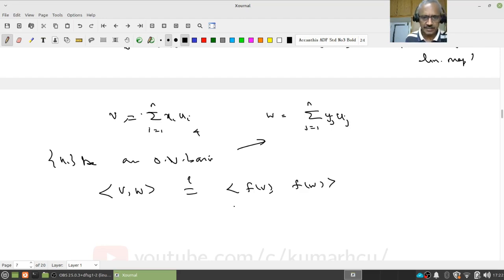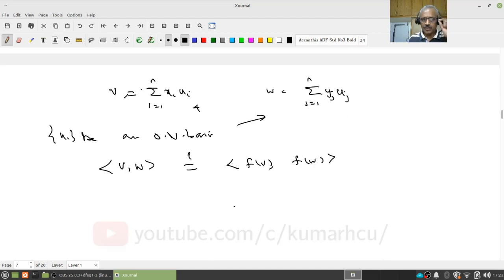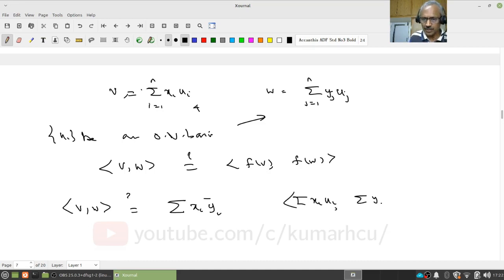Is it clear? But if I had followed my lectures, you know what inner product v, w is? What is inner product v, w? This is nothing other than summation xi yi bar. Why? That's because inner product of summation xi ui, w is summation yj uj, again as usual I am doing it for your sake, this is going to be summation over i, j.